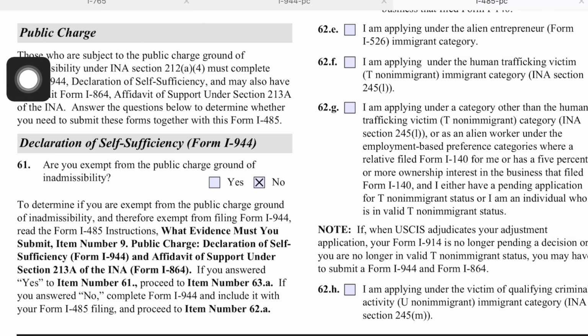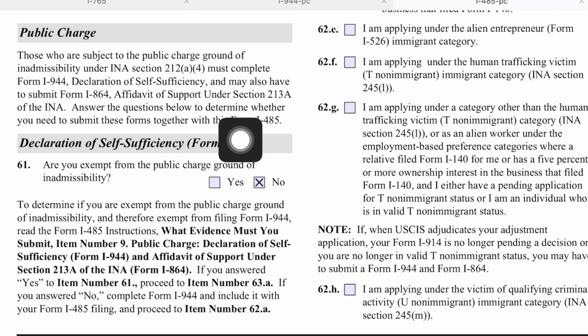Okay, public charge. Those who are subject to the public charge ground of inadmissibility under INA Section 212(a)(4) must complete Form I-944, Declaration of Self-Sufficiency, and may also have to submit Form I-864, Affidavit of Support under Section 213A of the INA.